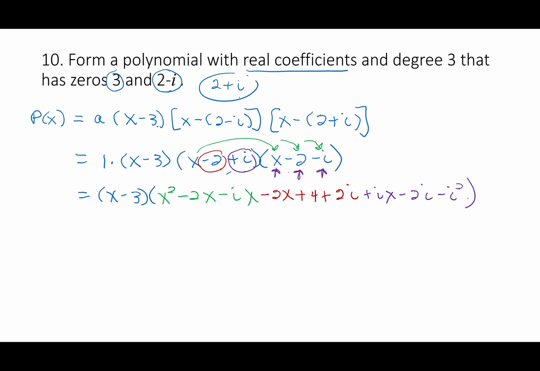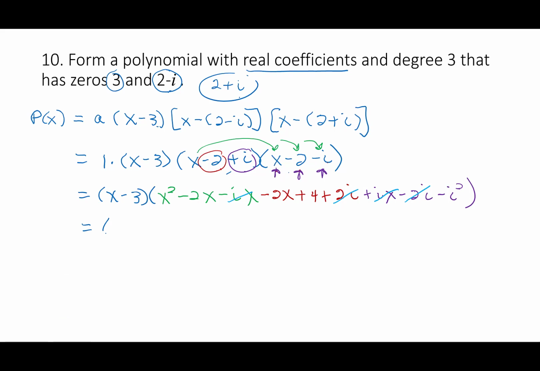Now at this point, you should be able to cross out some stuff. Let's see what we can cross out here. We have minus ix plus ix. Those add to 0, so we'll cross out those terms. 2i minus 2i adds to 0, and now we'll see what we're left with.